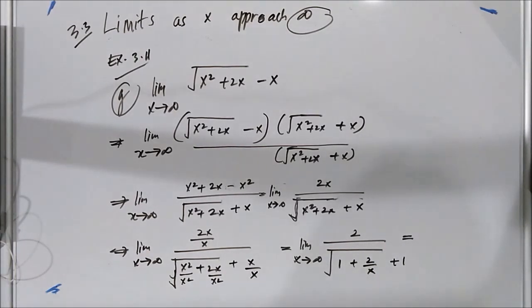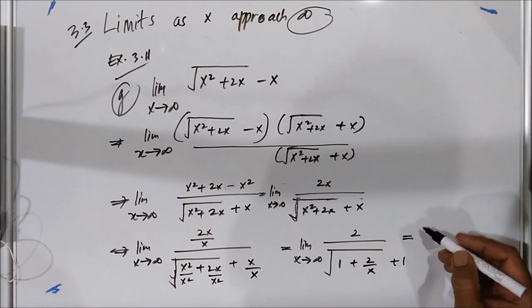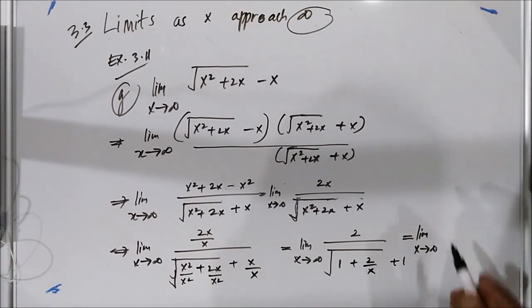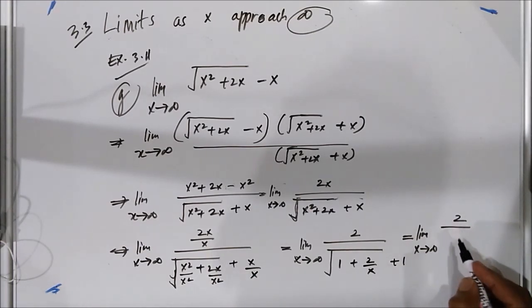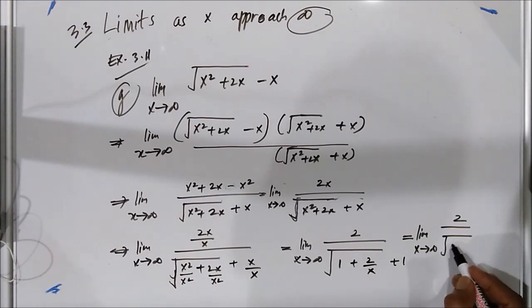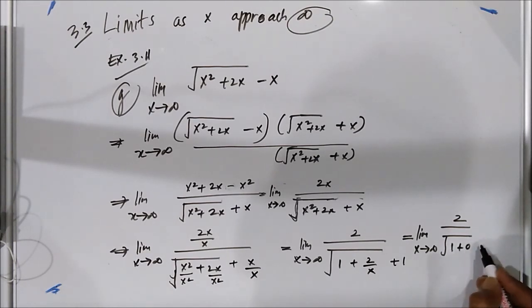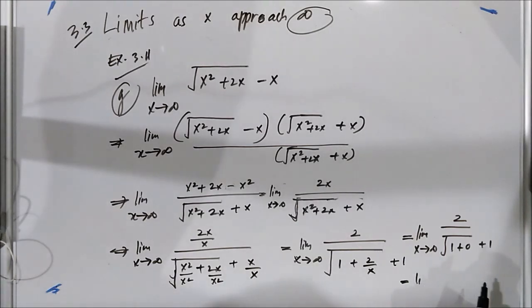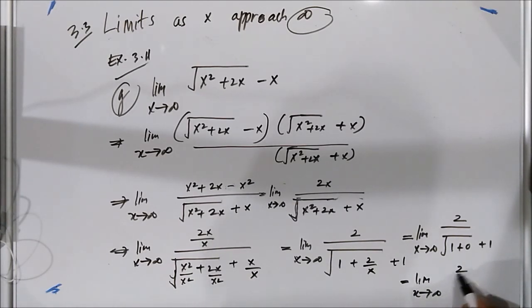So if we substitute infinity into this function, we get the limit as x approaches infinity of 2 over the square root of 1 plus 0, plus 1. The square root of 1 is 1, plus 1.